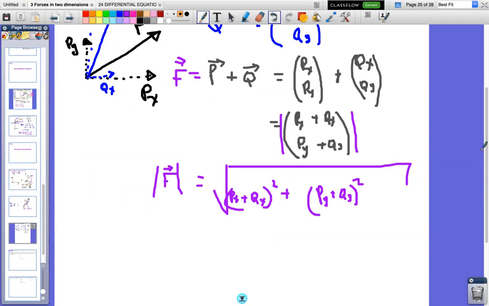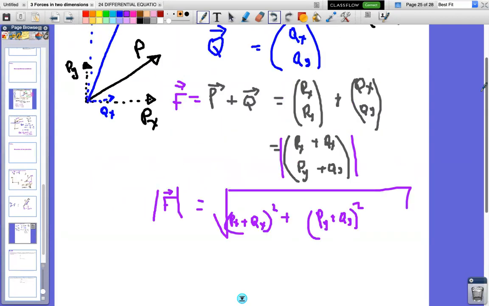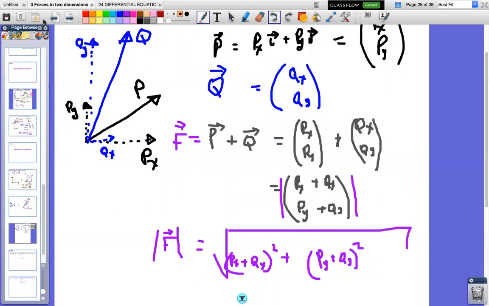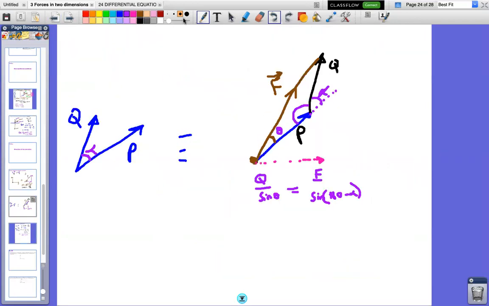And the direction. To find the direction, this means we want to find this angle here. The angle it makes with the x-axis is the best angle to find.